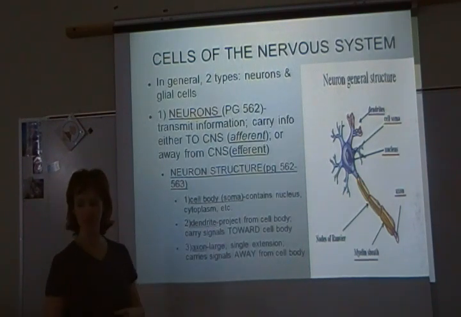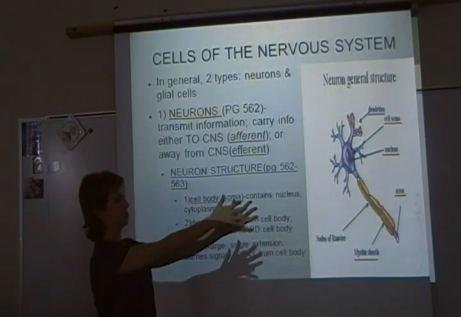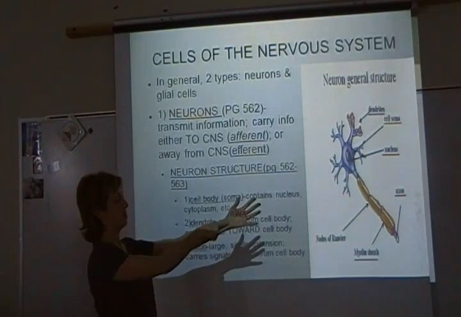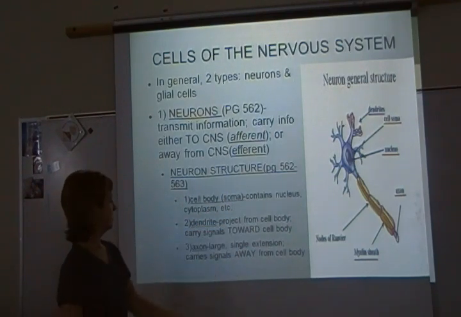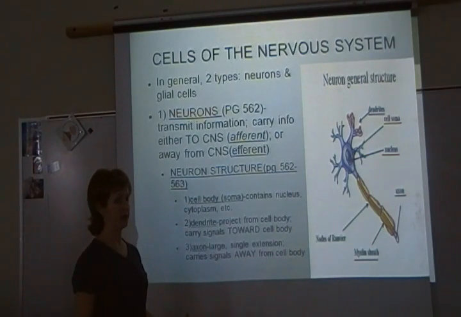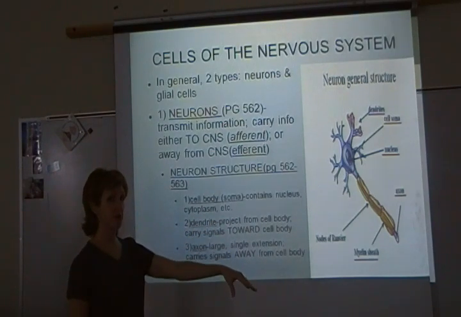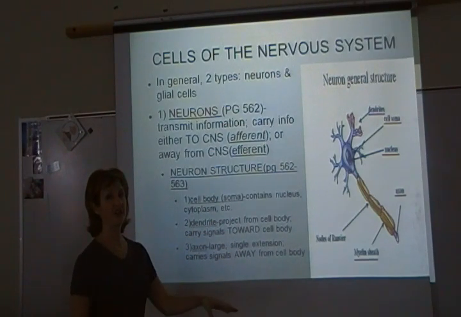The axon, using the same example, would be my arm, and the information would come from the dendrites to the cell body and down my arm. Axon carries the information away from the cell body, and it's either going to be then going to another cell or an effector, and we'll talk a little bit more about that later.